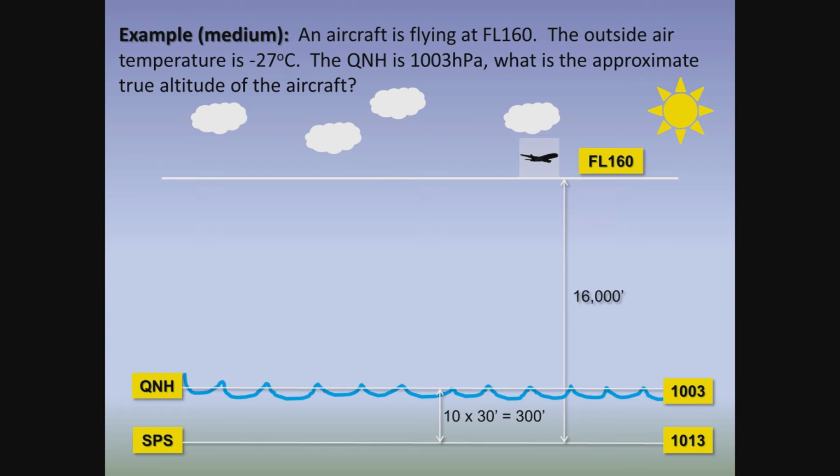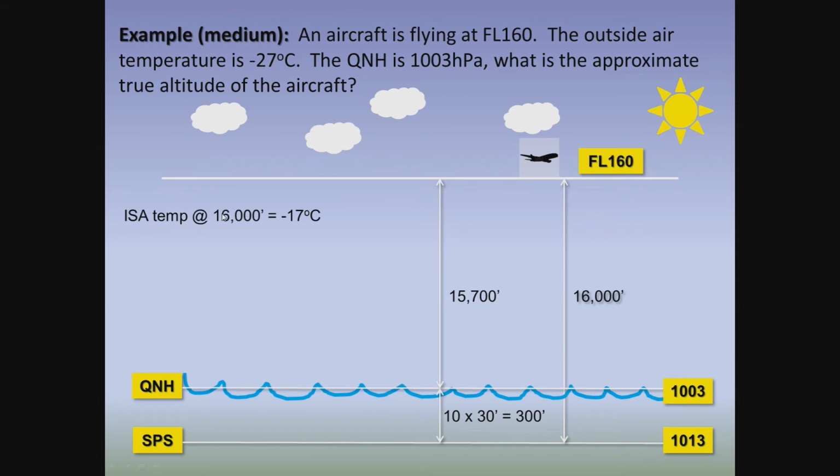So 10 times 30 is 300, so I know that the height difference between these two pressure levels is 300 feet. That tells me that my indicated altitude on QNH, if I were at this position here at 16,000 feet relative to 1013, if I set QNH of 1003, my altimeter would indicate that I'm 15,700 feet above sea level. But my true altitude would be, well, let's find out.